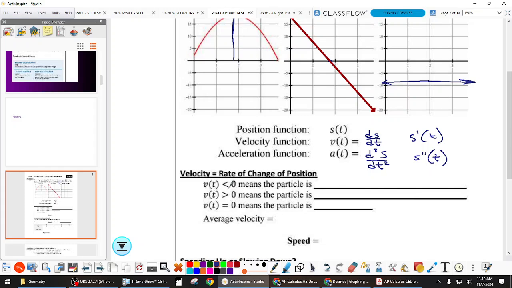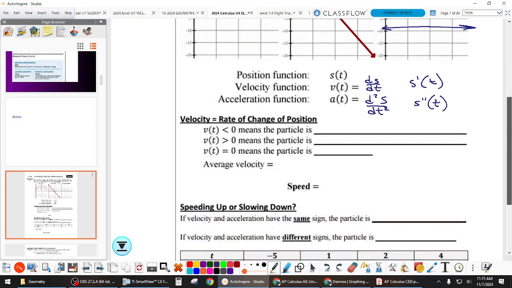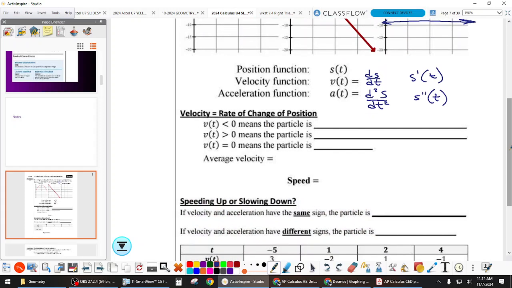If velocity is less than 0, what is happening? Not just necessarily in tossing the ball, but in general, if our velocity is negative. It's slowing down. Or going down. No, it may not be slowing down. We have to be careful. So, declining in position.